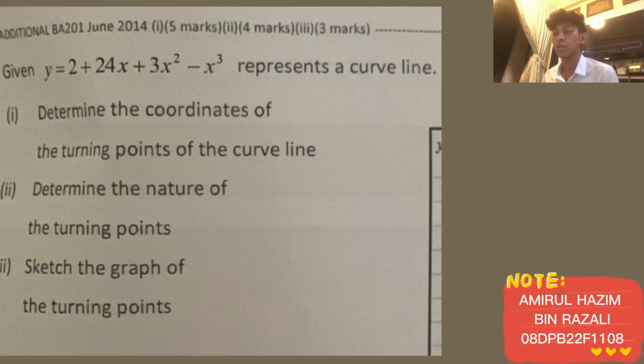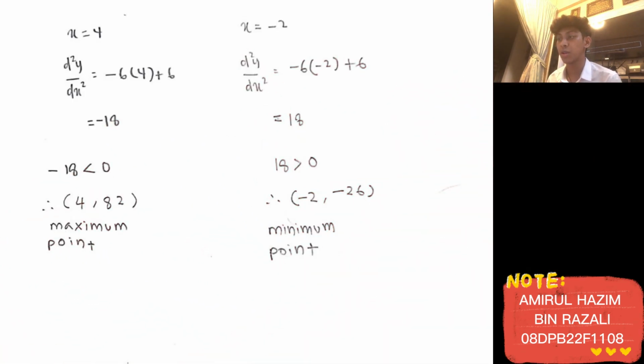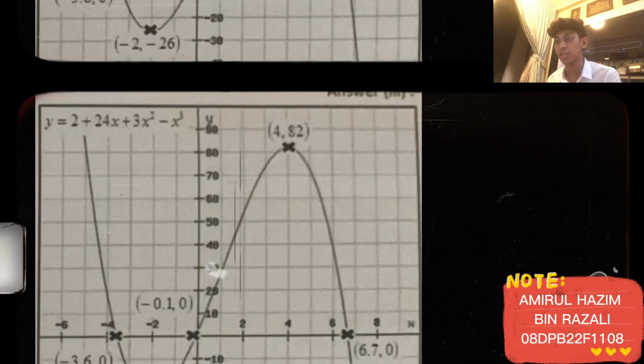Thank you, Saad, for answering questions 1 and 2. Now question 3, I will answer. That is to sketch the graph with the turning points. After the first and second questions, we have two turning points: the maximum is (4, 82) and the minimum is (negative 2, negative 26). If you want to draw a graph, we must remember that if the coefficient is negative, it will be a smiley face shape, and if positive, it will be a sad face shape.